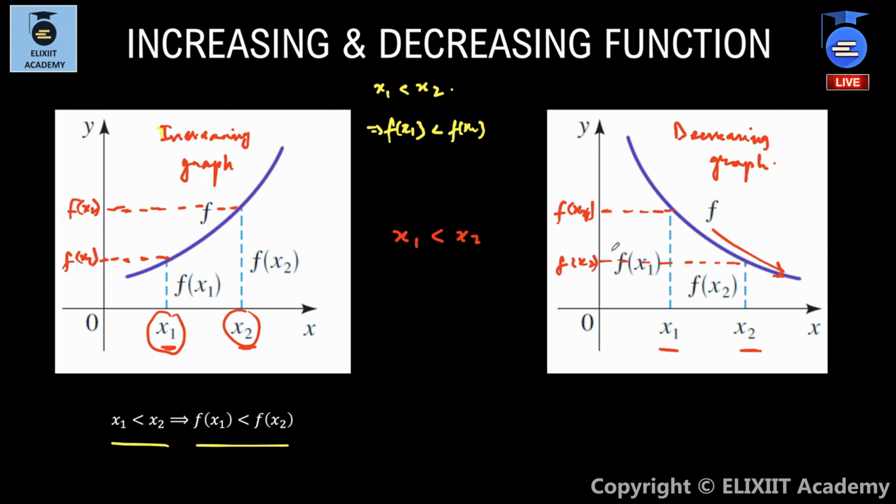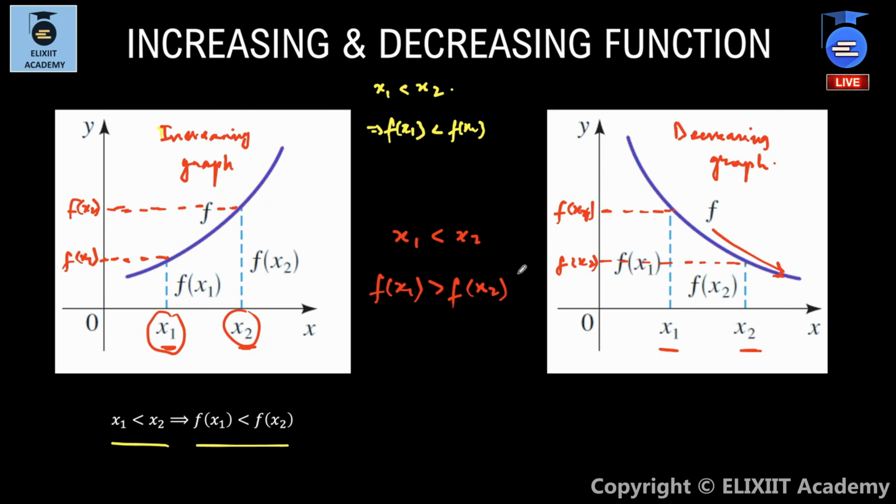This is the function value of x2 over here. So if x1 is less than x2, can you see that f of x1 lies above this function value f of x2? Basically f of x2 is less than f of x1. So in this case, the orientation of this inequality will change. That is, f of x1 will become more than f of x2.